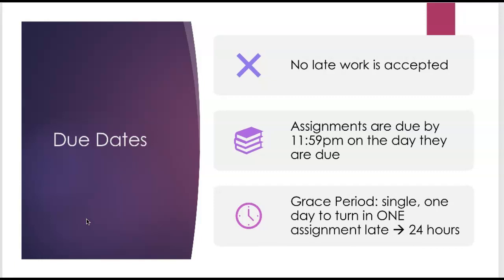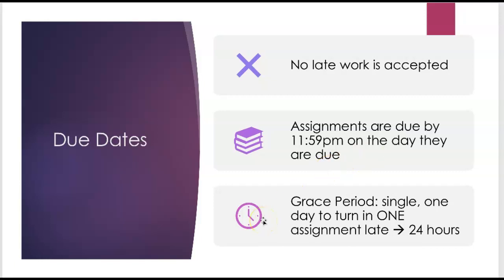That means each and every assignment is due by 11:59 on the day that it is due. For example, your first real assignment is due our first real day of class, June 8th, by 11:59 p.m. It will take you like 5 minutes to do, but it is due June 8th at 11:59.